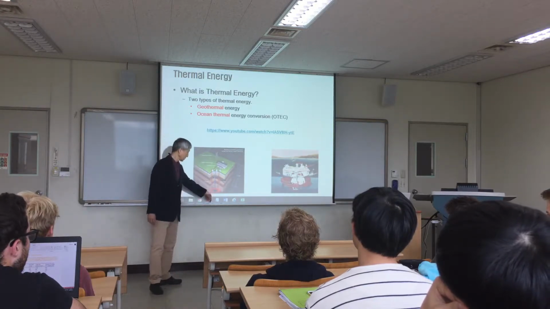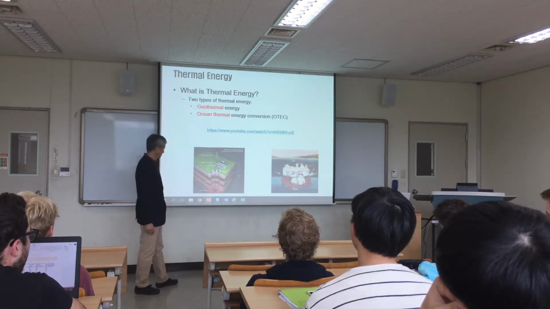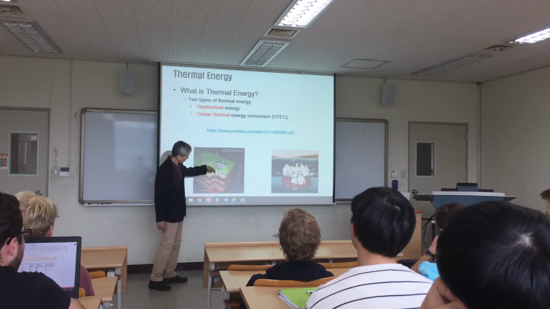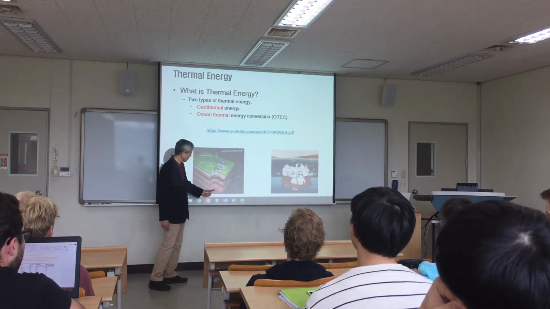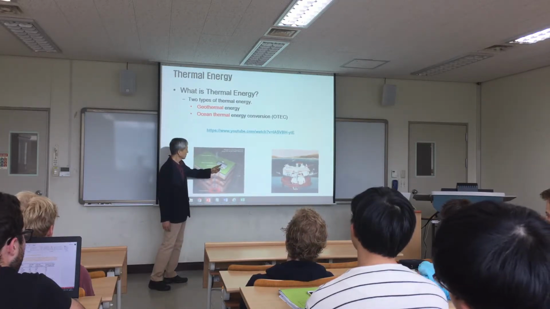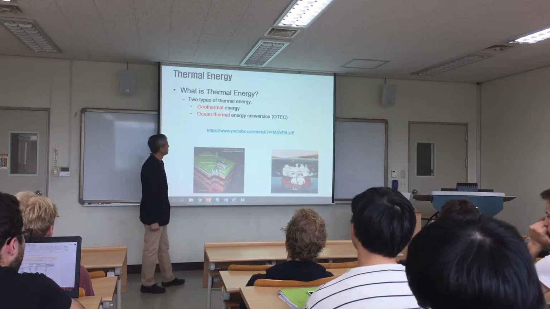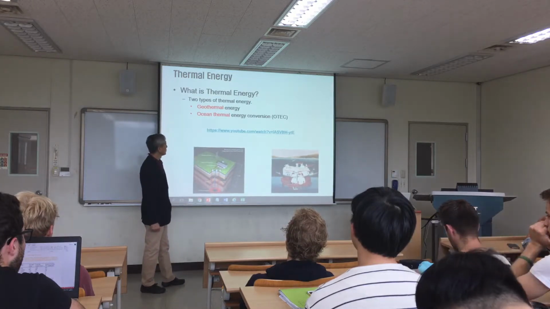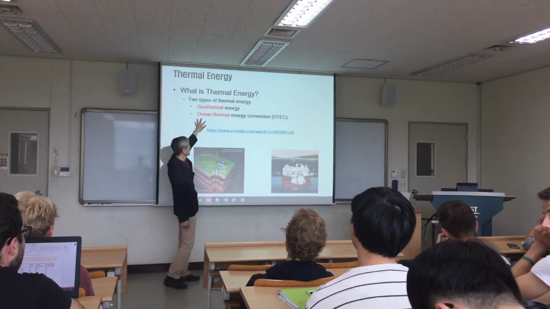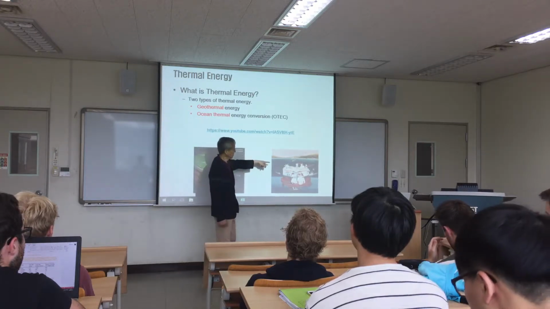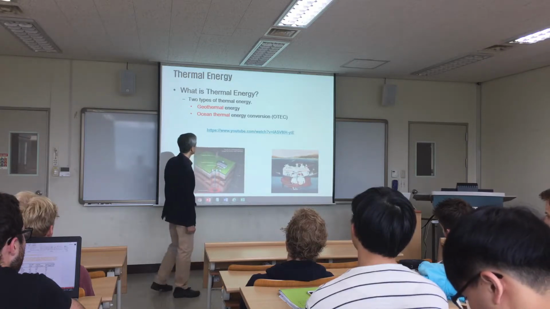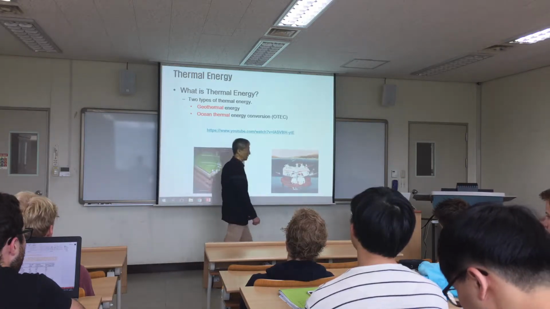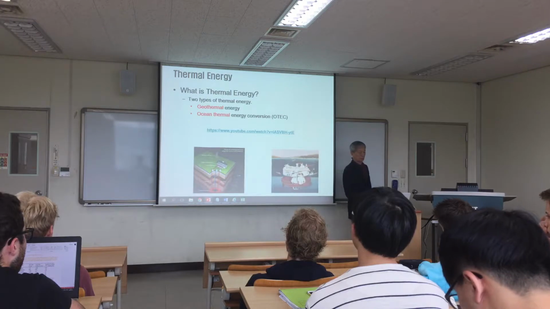There is a hot region of Earth, so you can pump down cold water, and then you can get hot water or steam. So you can use this for generation. But we are working on ocean thermal energy. That is similar to this one. We call this OTEC, Ocean Thermal Energy Conversion.